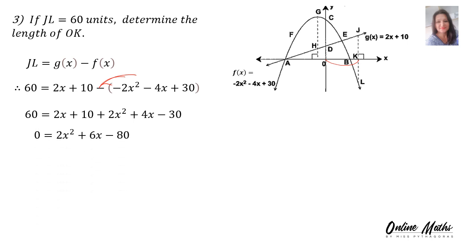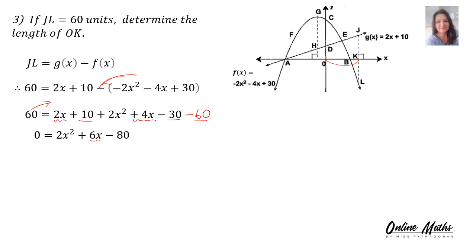So there's your 2x², and then in terms of the x's, 2x + 4x is 6x. Then the 60 will walk across and it becomes -60, and I can add all the constants. Therefore, it's going to be plus 10 minus 30 minus 60, and you end with -80.